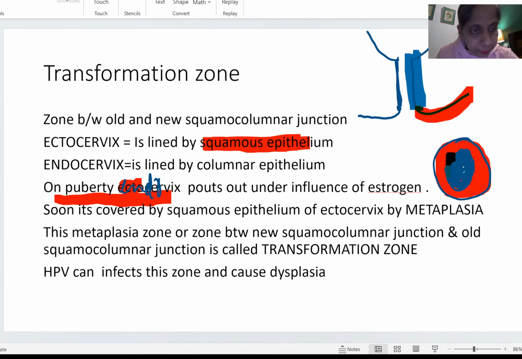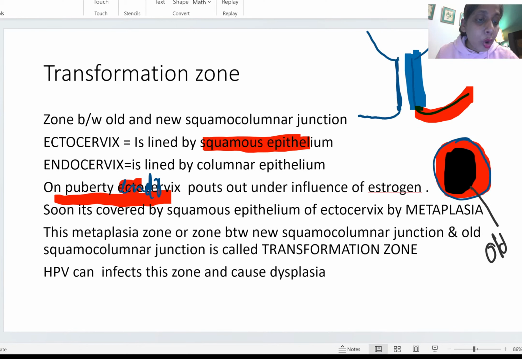Yes, so now this whole epithelium has become the squamous epithelium, because it has pouted out, it has changed. The epithelium has undergone metaplasia, right? So the old squamocolumnar junction is here.